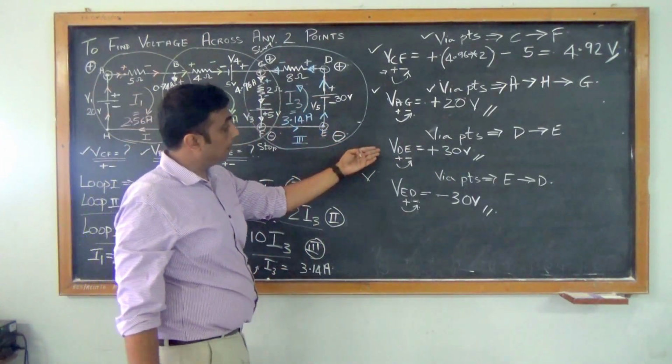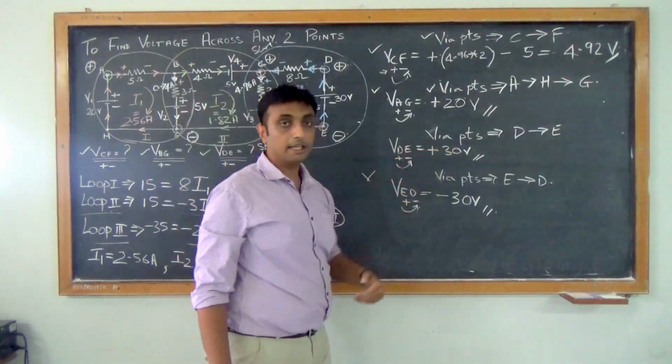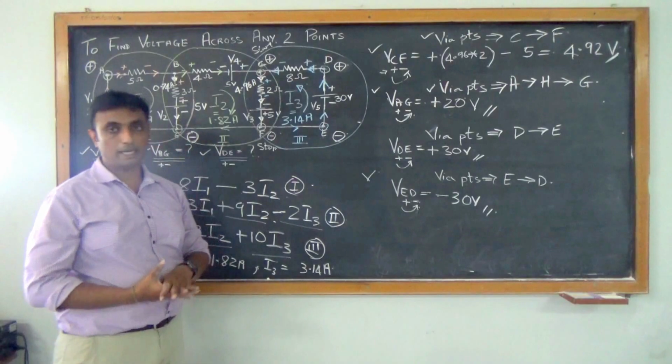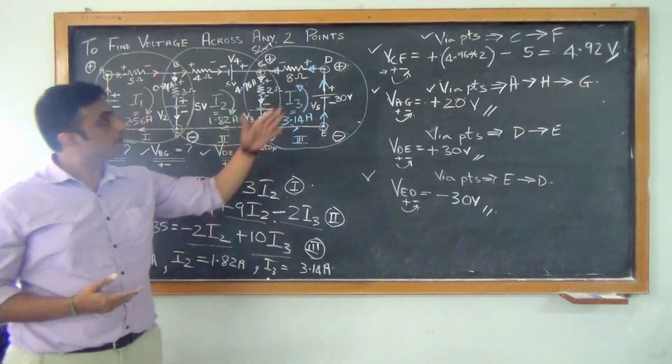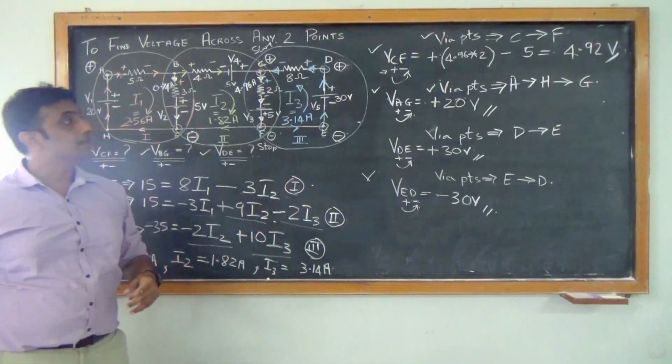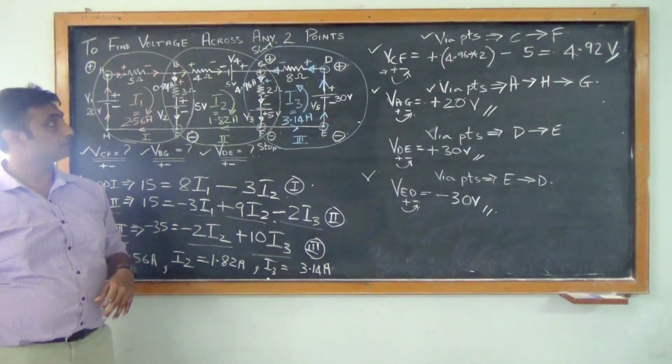So if you find the value of VDE is 30 volts, then obviously VED will give you minus 30 volts. If you find the value of VAG, which is 20 volts, definitely VGA will give you minus 20 volts.